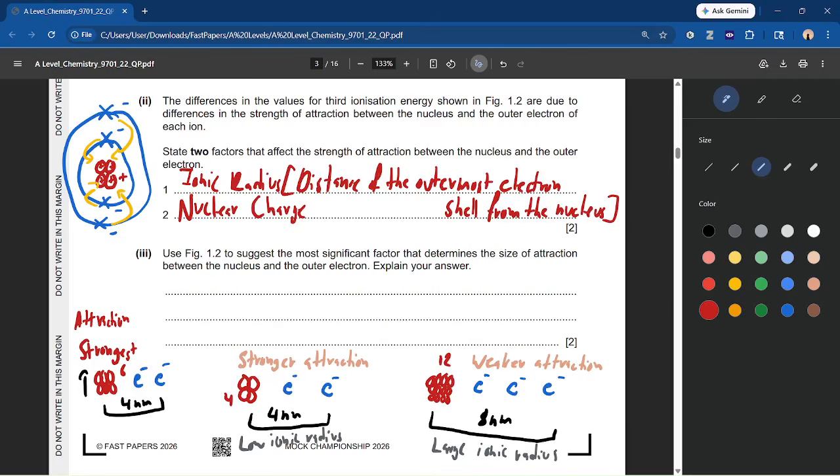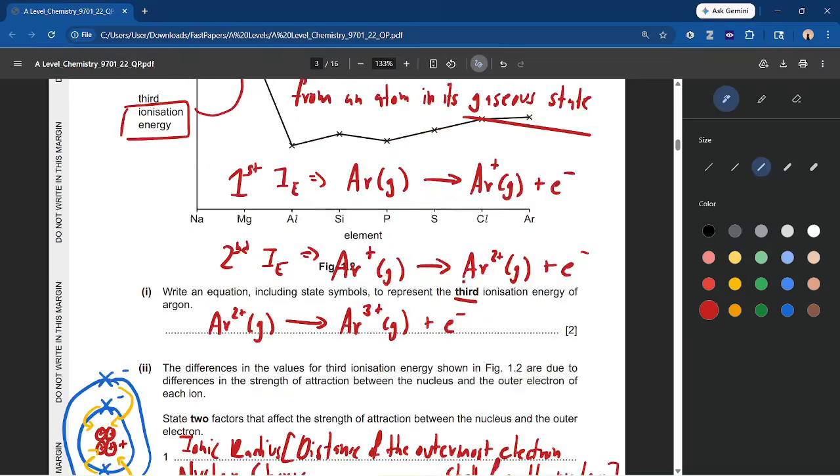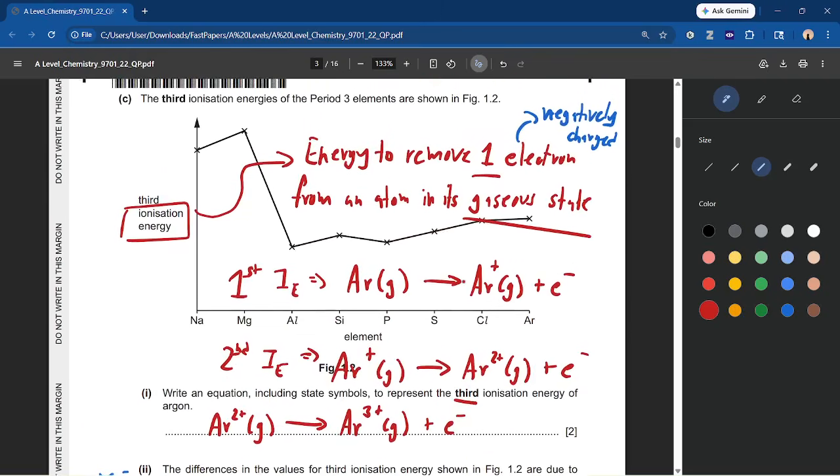Now we're going to use figure 1.2 to suggest the most significant factor that determines the size of attraction between the nucleus and the outer electron. Let's take a look at what's going on over here. Let's scroll up a bit. My bad, sorry about that. So sodium has the second highest, magnesium has the highest, and then we're at aluminum.